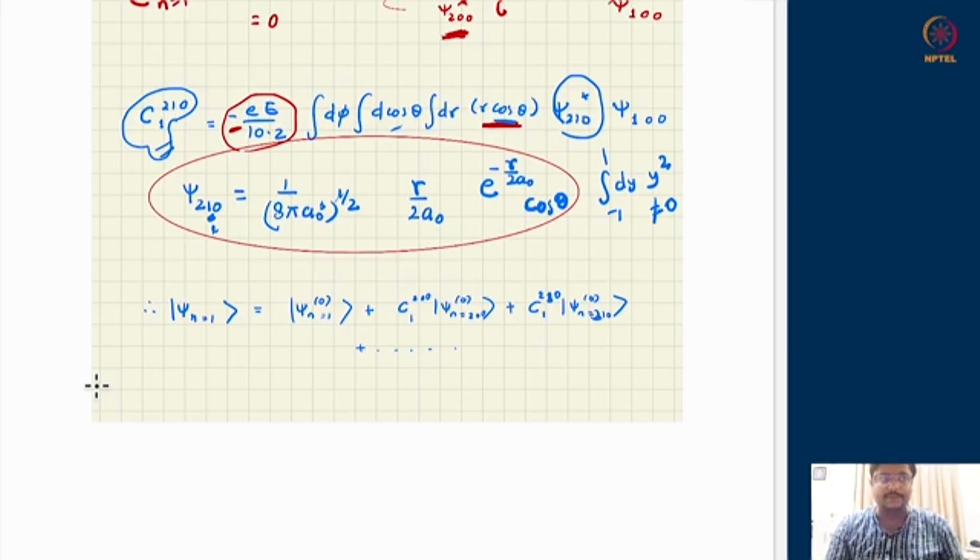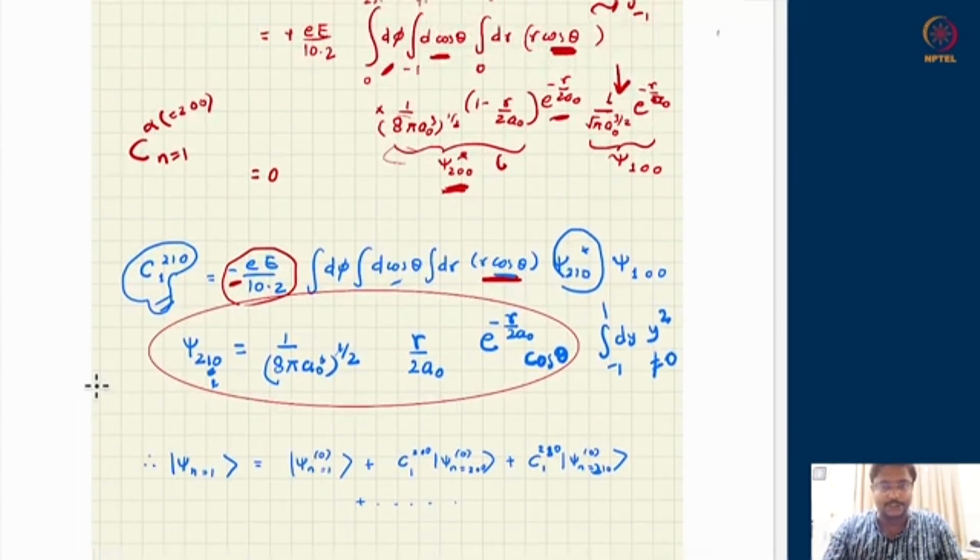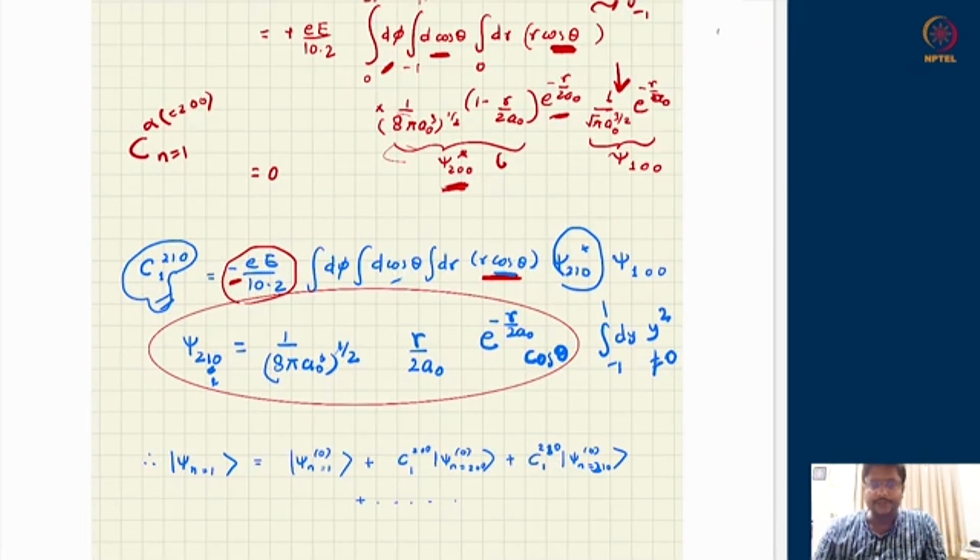For energy eigenfunctions, we have to check all the coefficients C and alphas, not one coefficient, two coefficients, but all of them. If any of them is non-zero, that means the wave function has changed, just like we saw in the case of the hydrogen atom ground state. Okay, so this is as far as the leading order effects of perturbations are considered.